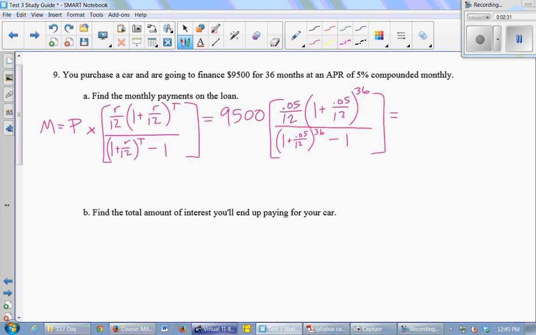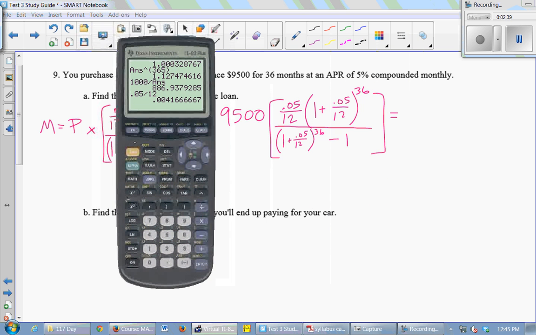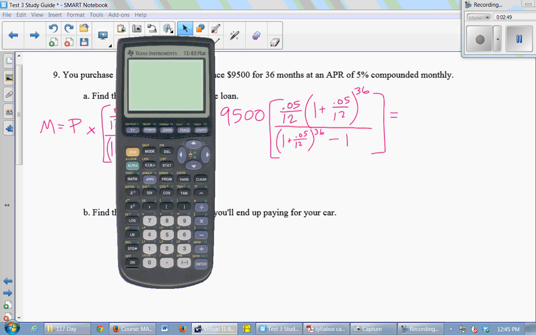All right, so now I'm going to have my calculator do all the hard work for me here. All I have to do is make sure I follow the order of operations in simplifying this expression, and I will have the monthly payments. So 0.05 over 12, that number pops up a lot in this formula. So I'm going to type in 0.05 divided by 12.